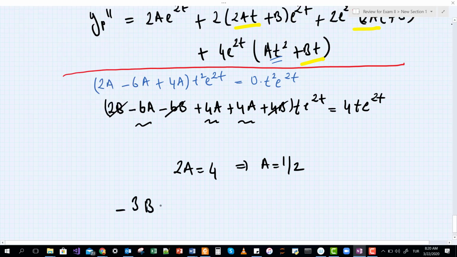I have 3b plus 2a plus 4b, which is equal to 0.